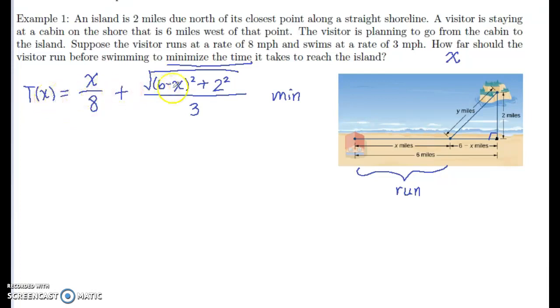And since everything is already in terms of x, we can go to the step where we take the derivative. Before we take the derivative, we might want to transform the function so it's easier to see.